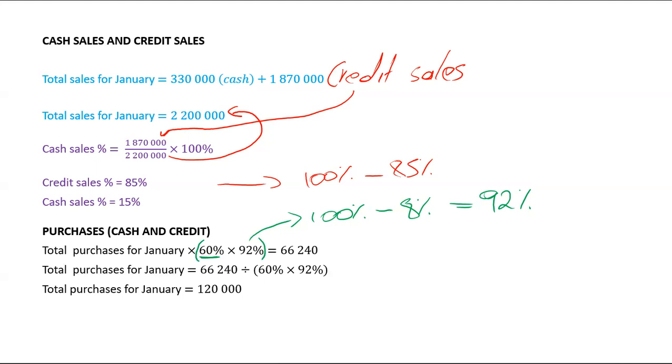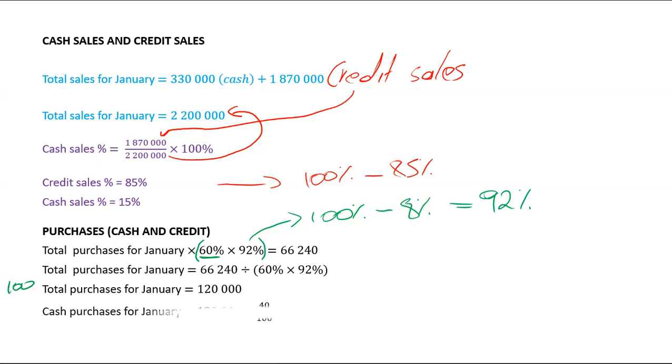Remember, you multiply by what you want, you divide by what you're given. The fact that I'm given total purchases represents 100%. It is complete. That is why I'm multiplying by what I want. I want 40% because 40% of the purchases were for cash. And I will divide that by 100.